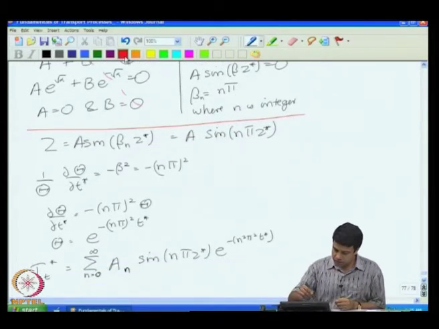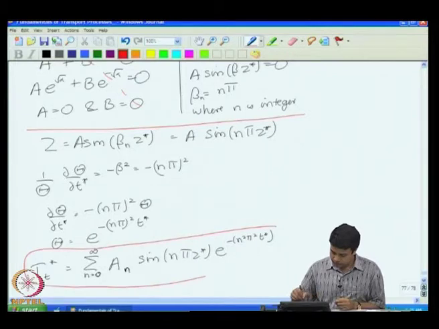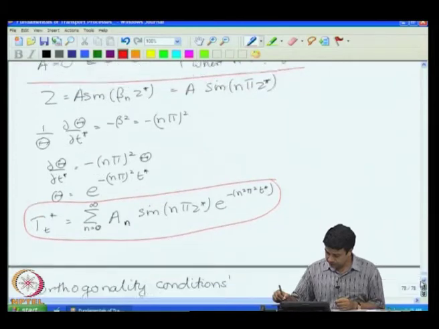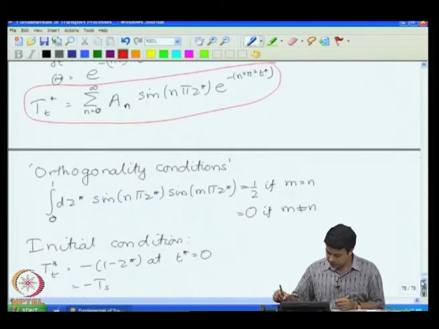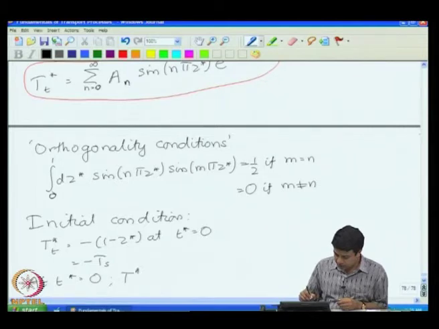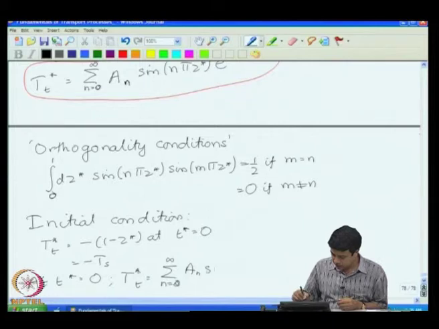We have the solution for the temperature field. Therefore, at T star equal to 0, T star transient is going to be equal to the sum n equal to 0 to infinity of a n sine of n pi z star.